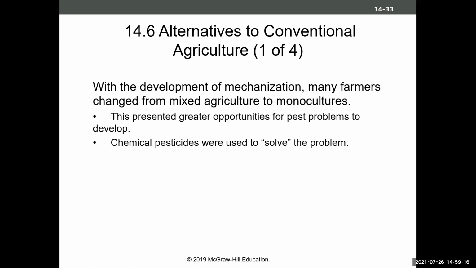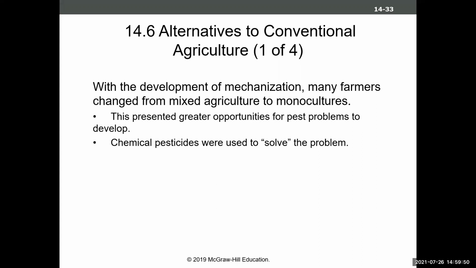Now, looking at ways we could move away from conventional ag and also reduce not only the energy use, the soil degradation issues, environmental issues, and pesticide use, would be some alternatives to conventional ag. Whenever you have mechanization, many farmers went from that mixed agriculture to monoculture.